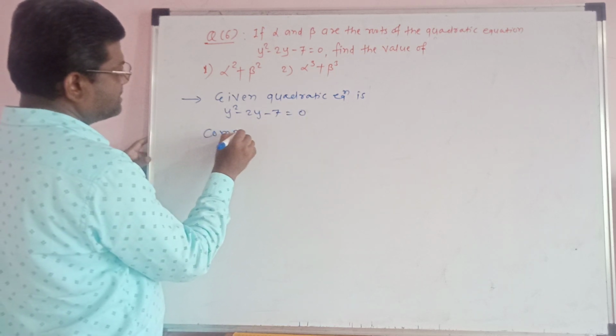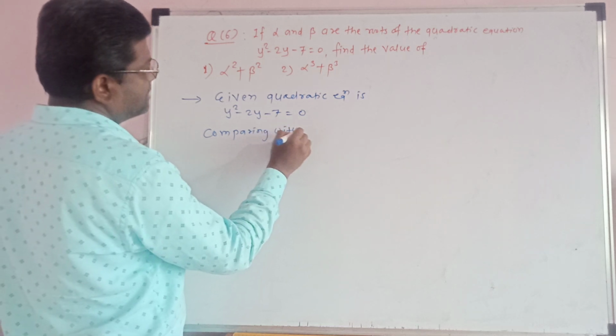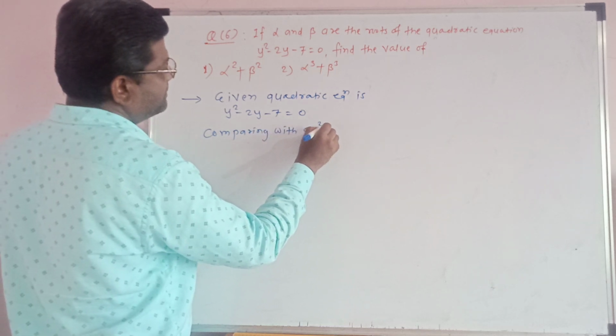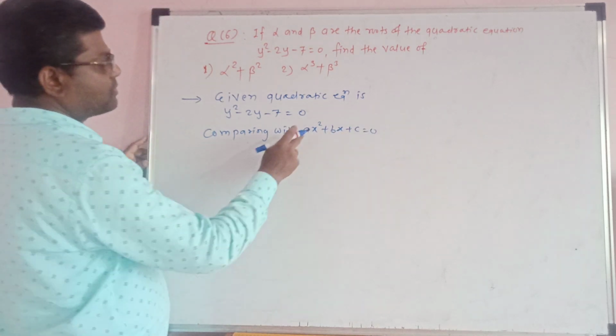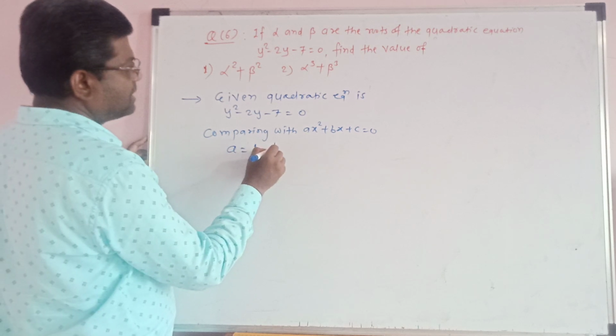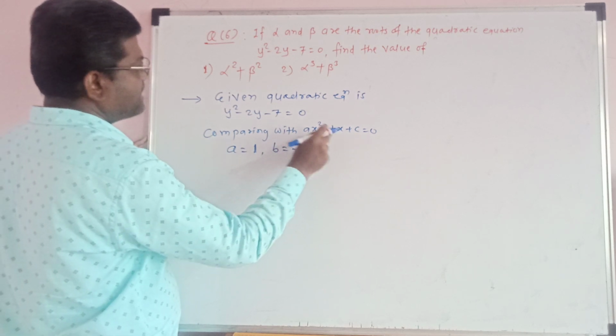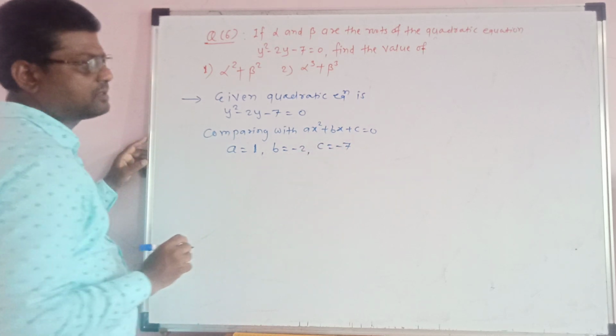Compare this equation with the standard form ax square plus bx plus c is equal to 0. Therefore, we have a is equal to 1, b is equal to minus 2 and c is equal to minus 7.